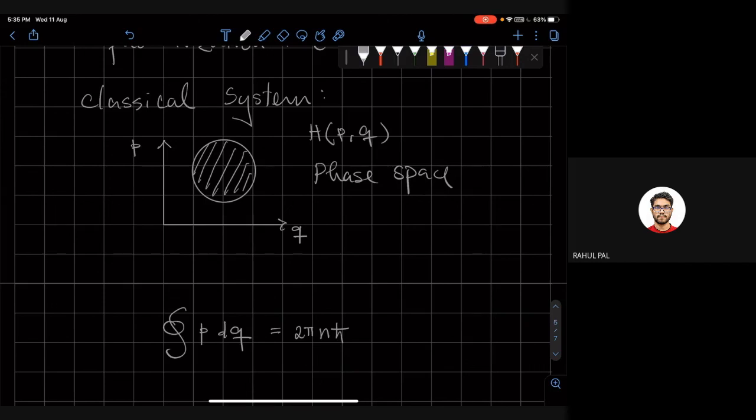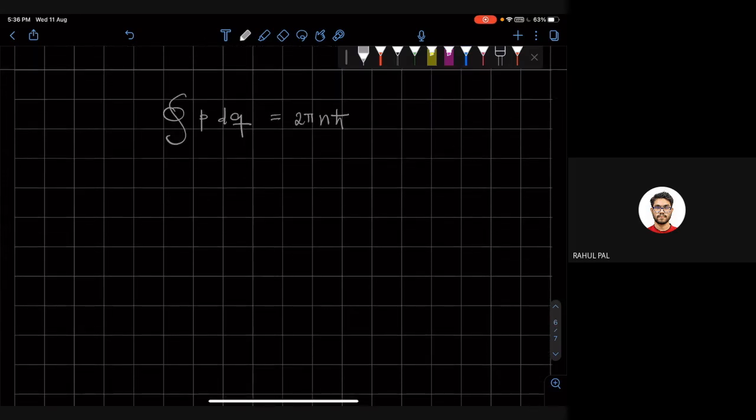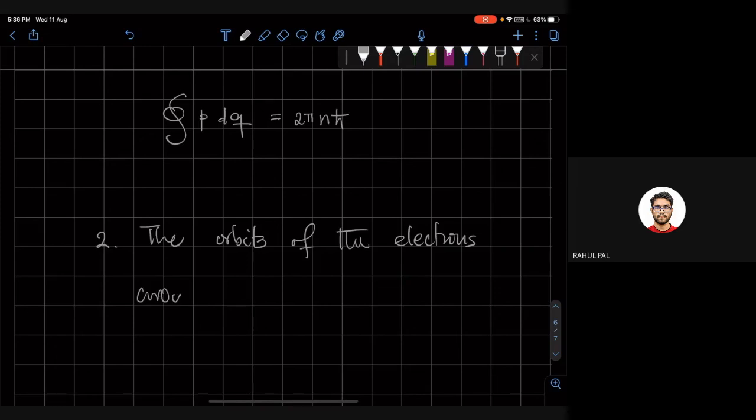How wonderful. All right, so that was ad hoc assumption number 1. And ad hoc assumption number 2 was that the orbits of the electrons around the nucleus were, I should say, non-radiating.